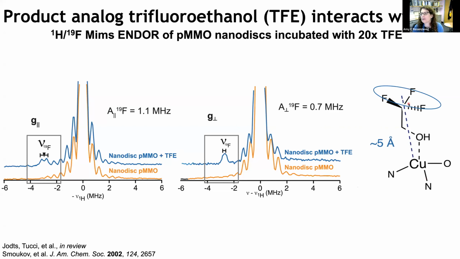He did a whole bunch of analysis of the hyperfines and the tensors, all that detailed analysis of the ENDOR data, and came up with a model where the TFE is binding at the copper like this with the fluorines about 5 angstroms away. So that was very exciting.